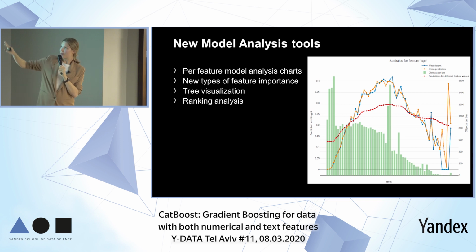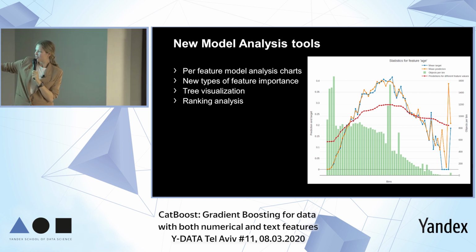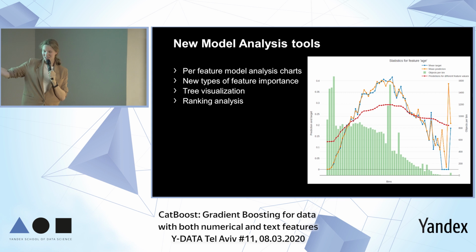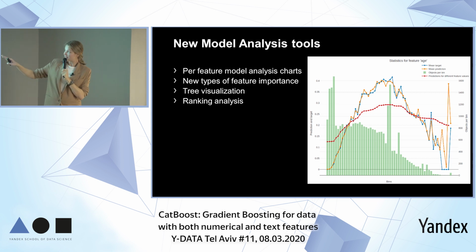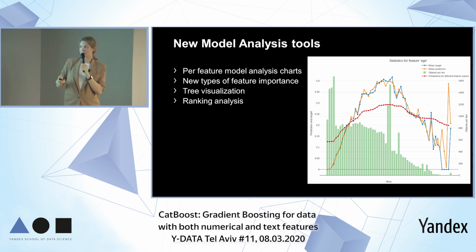And how many samples are in each? So you are using some splits that you are putting in the decision trees, like feature value is less than something. And these splits are dividing the feature into buckets. And you can look at how many samples of the training data set or of your test data set are in every bucket. So you can look at these graphs.